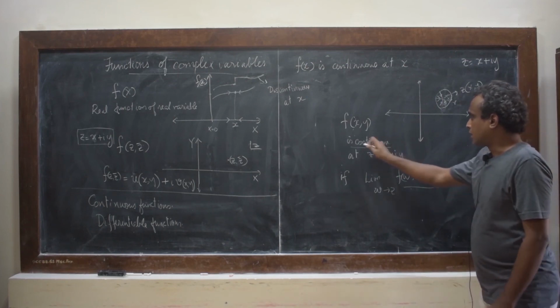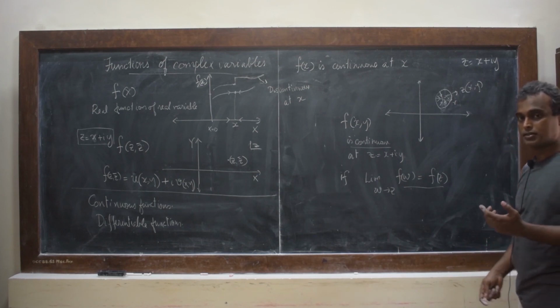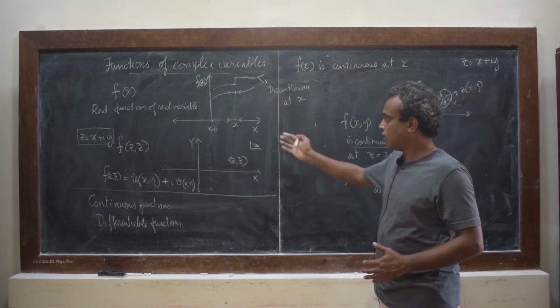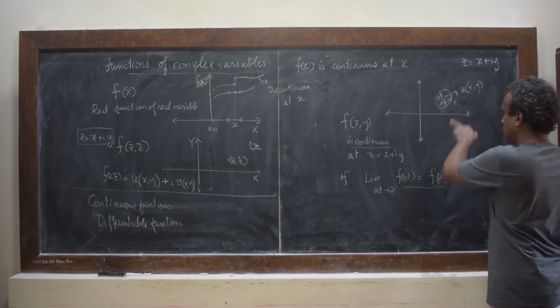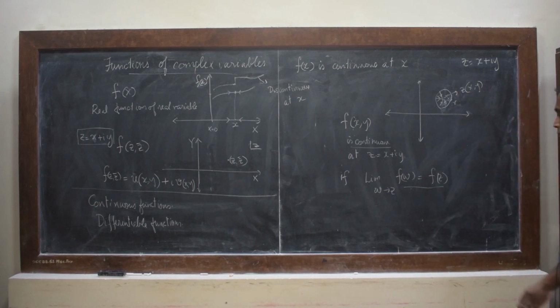That is when you call it a continuous function at z. Note that the concept of continuity is always given for points. So, in this case it is continuous at z provided this is satisfied for any w.